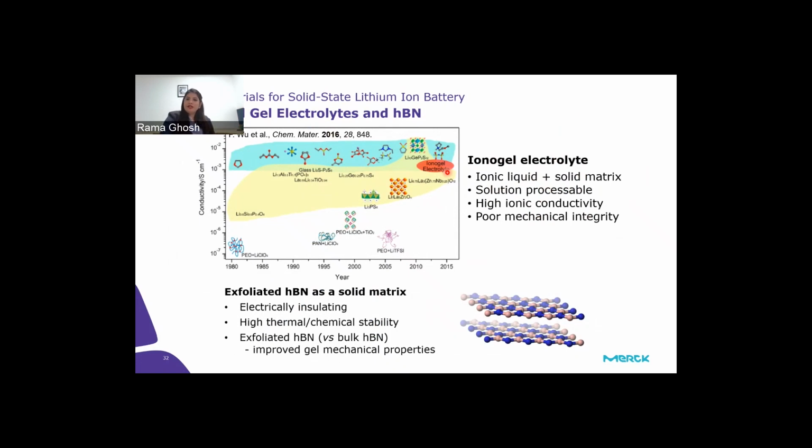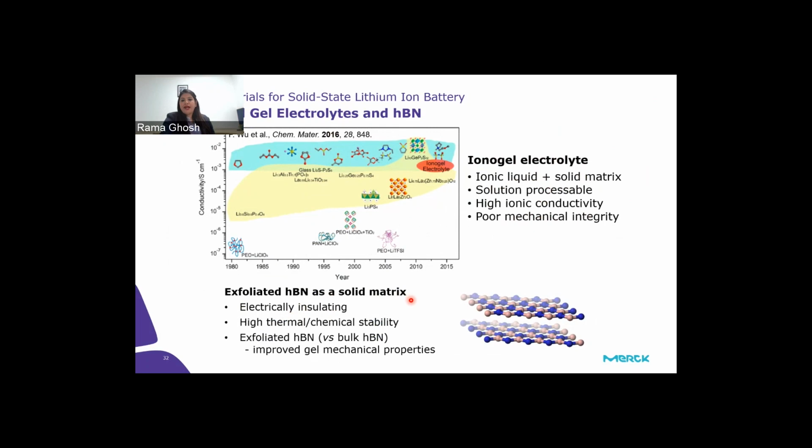So in that case, we incorporated exfoliated hexagonal boron nitride as a solid matrix into the ionic liquid gel. As I mentioned, hBN gives the mechanical integrity. At the same time, due to its low dimensional and insulating structure, it gives you thermal stability as well as structural and chemical stability.